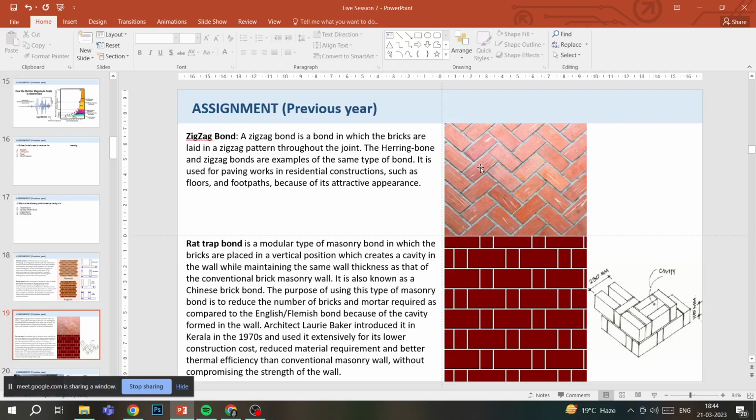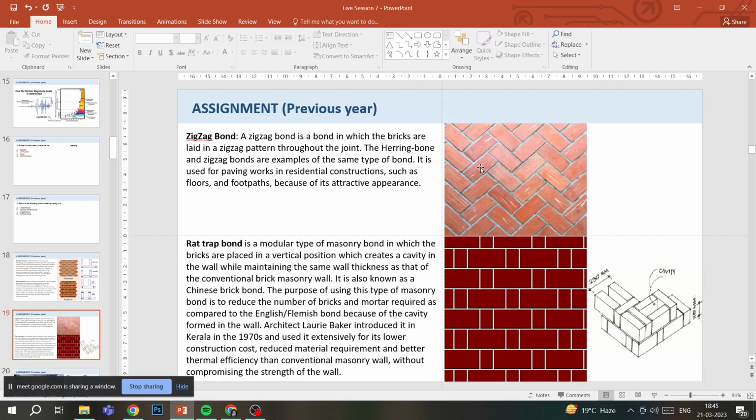It is also known as a Chinese brick bond. The purpose of using this type of masonry bond is to reduce the number of bricks and mortar required as compared to the English or Flemish bond, because of the cavity formed in the wall. In India, rat trap bond was brought by Laurie Baker, and he introduced it in Kerala in the 1970s.